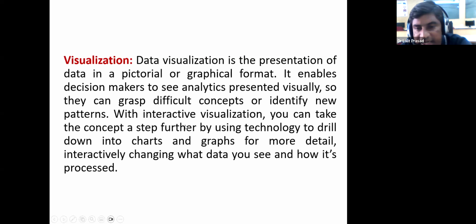With interactive visualization, you can take the concept one step further by using the technology to drill down into charts and graphs. If you have used Tableau and Power BI, you will be able to find this. Drill down means what? Your data is showing, say, 2011, 2012, 2013, three years of data in a bar chart. Now you want to see it quarter-wise.